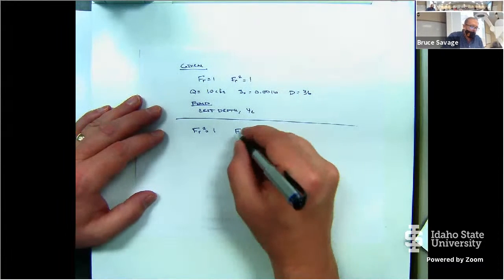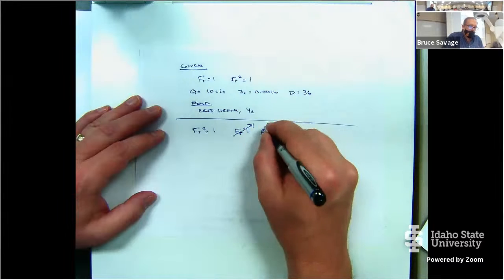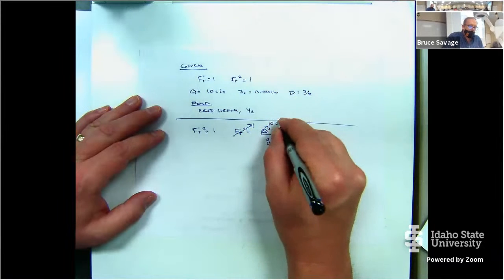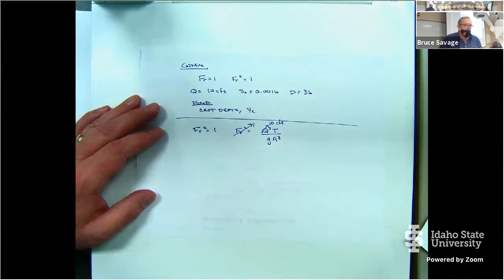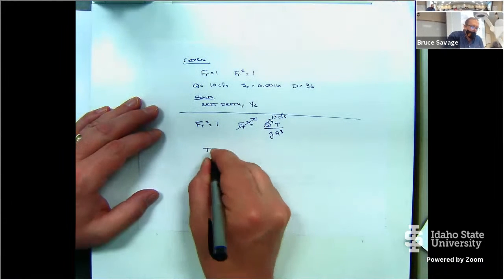So starting with what we know, the Froude number squared goes to 1, and Q squared goes to 10 CFS. And then from here, what we need to know is the top width for a partially full pipe. So we're going to come back to that table that we referenced in chapter 5.